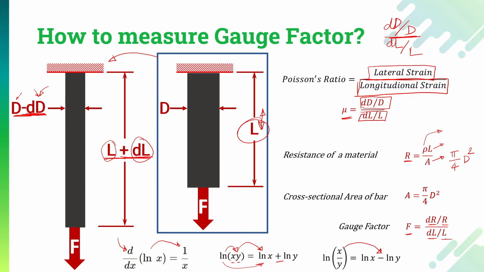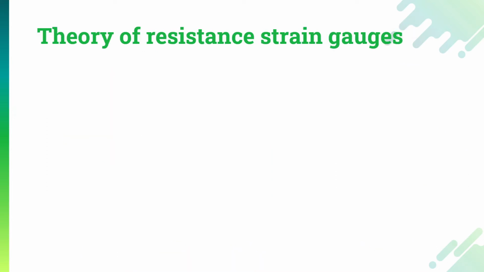These are some of the most important equations that we are going to need for the derivation of the theory. So let us start with the theory of the resistance strain gauges.